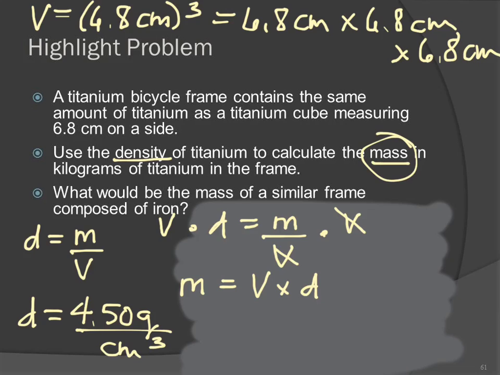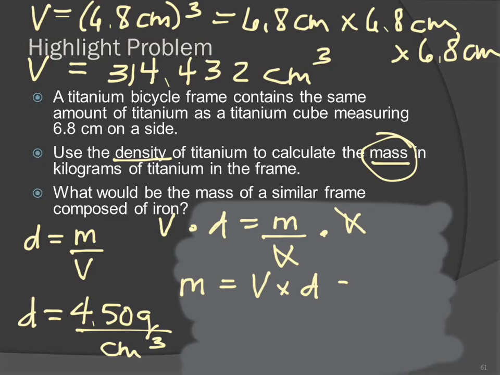And if I lose you anywhere along the way, just let me know. So we did that math earlier, and that was 314.432 cubic centimeters. That's the volume. Sometimes you have to calculate pieces separately.